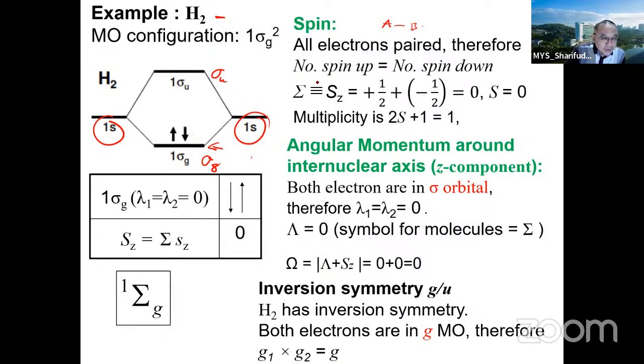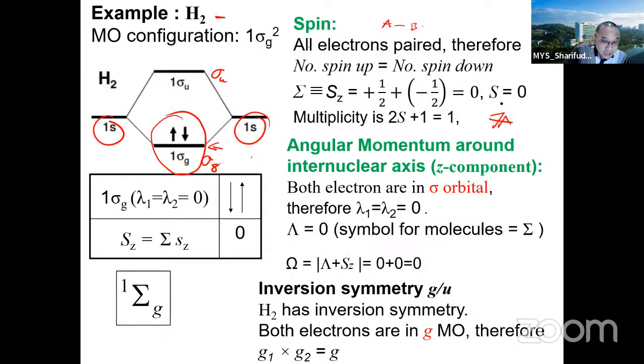So we look at one example, the hydrogen molecule, where you have two electrons in the 1 sigma G molecular orbital. We have two electrons, so S cannot equal 1, because you cannot get both electrons pointing up. The energy is just too much.